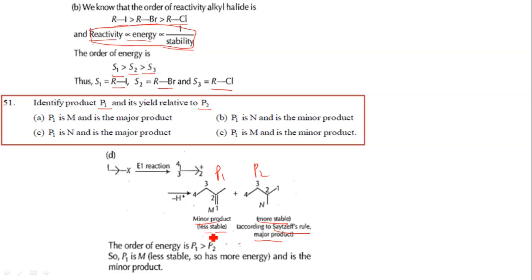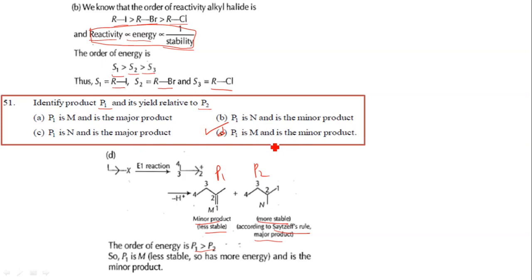So the order of energy is P1 greater than P2. So P1 is M, less stable, so has more energy and is the minor product. Answer D is correct. So this one is D. P1 is M and it is the major product.